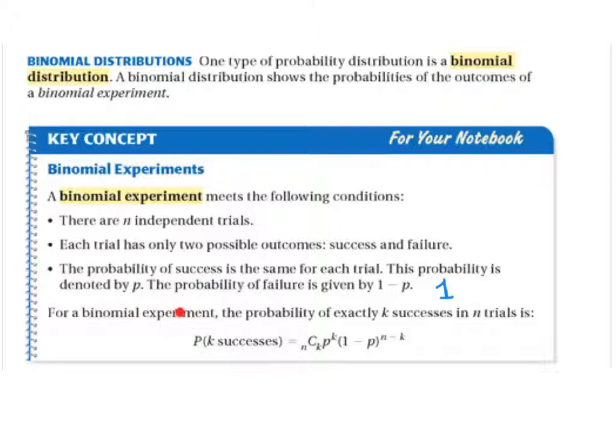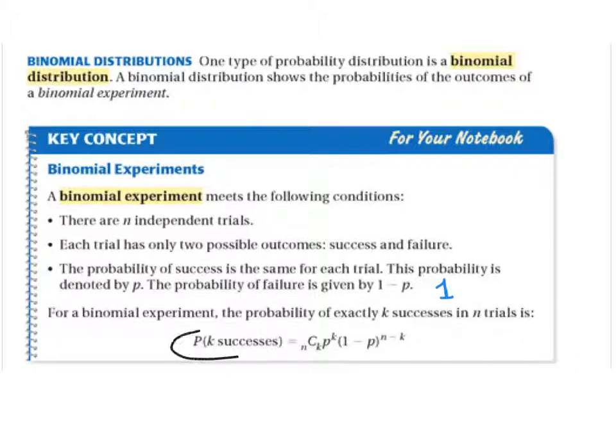For a binomial experiment, the probability of exactly k successes in n trials is nCk, p to the k, times 1 minus p to the n minus k. And that's crazy, but in our first example, you'll be like, oh yeah, I get it, and this is awful. Not awful, really, just tedious, very tedious.